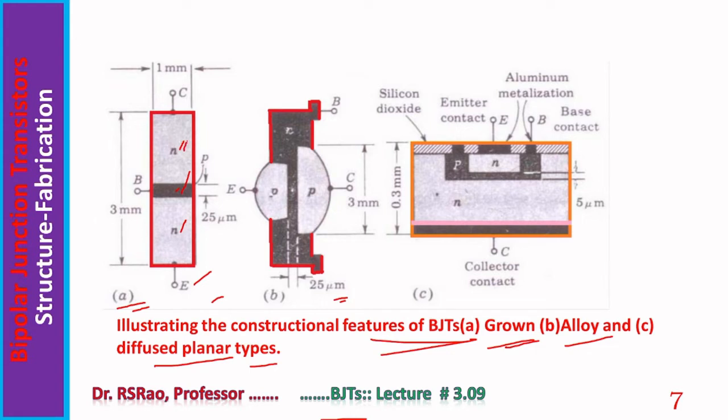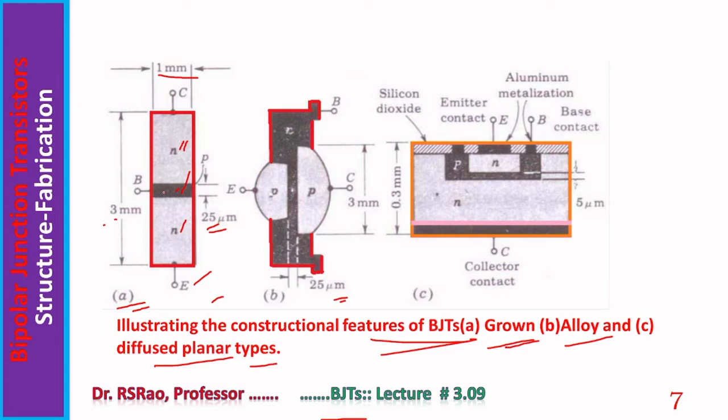A point to note here is the dimensions. Actual dimensions of the transistor are given here. One dimension is 1 mm, length is 3 mm, base is 25 micrometers.